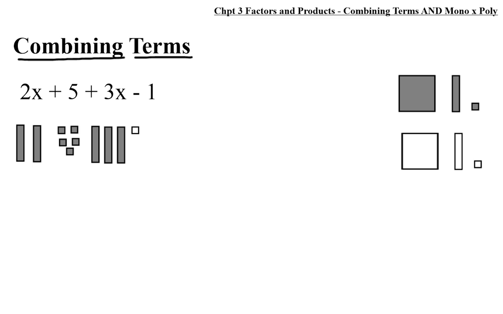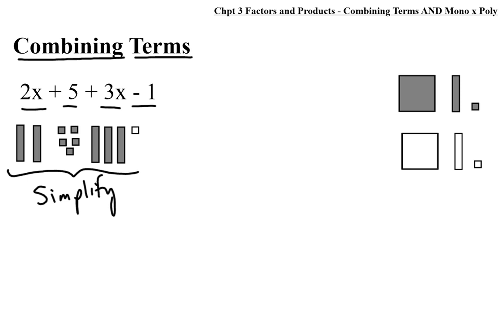But what we can do with these is simplify. I don't need 4 separate terms because some of this stuff goes together. But what's going to go together? The unit tiles go together. They're the same thing, different signs, but they go together. The x tiles go together. So when I look at this in simplified form, I no longer need 4 terms. What am I left with?